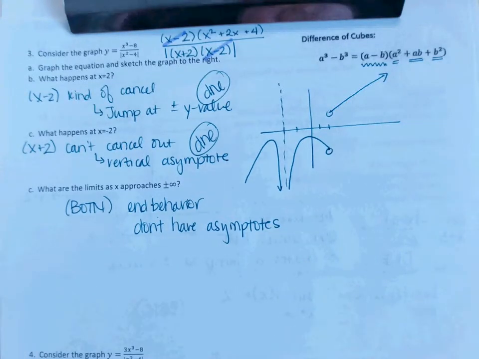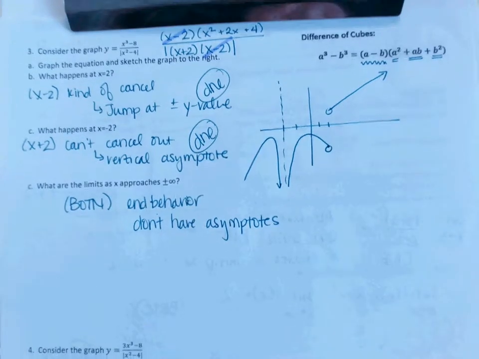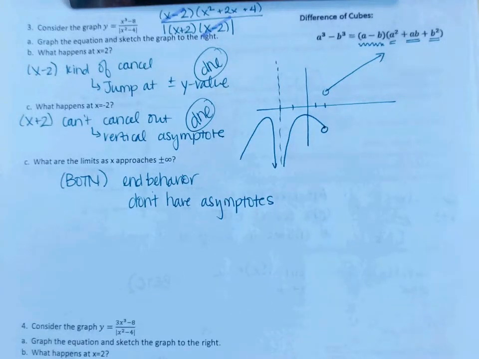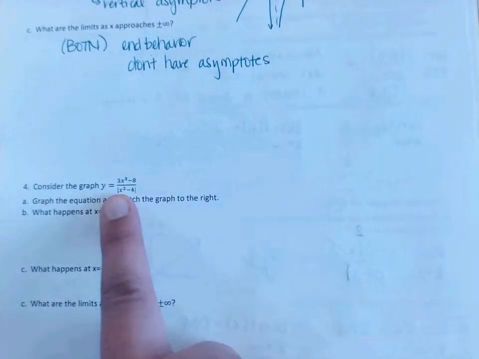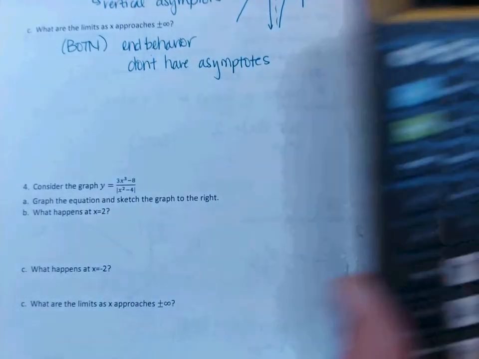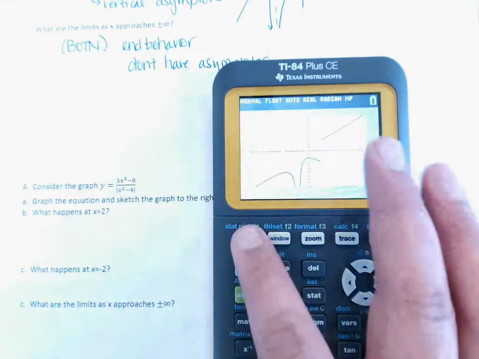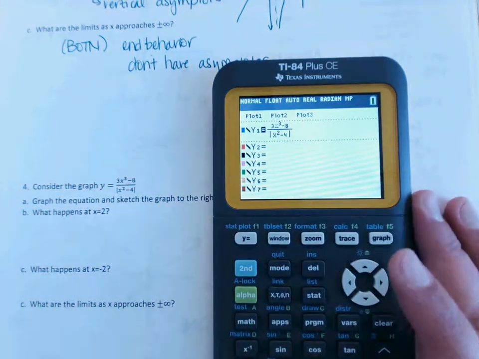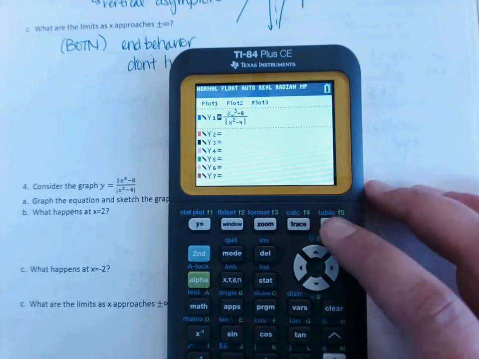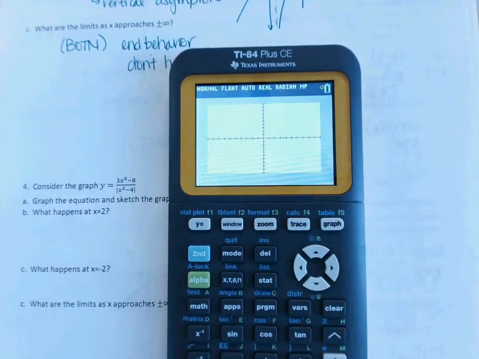Notice your equation is almost the same, but we're popping a 3 in the front. Now question. If there is a 3 on this top, can I still use that special difference of cubes formula? No. So watch what happens when I put that 3 there. It messes up the formula. Now instead of having a jump, I'm going to end up with 2 asymptotes.